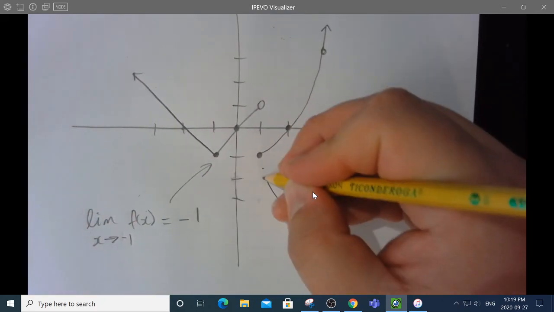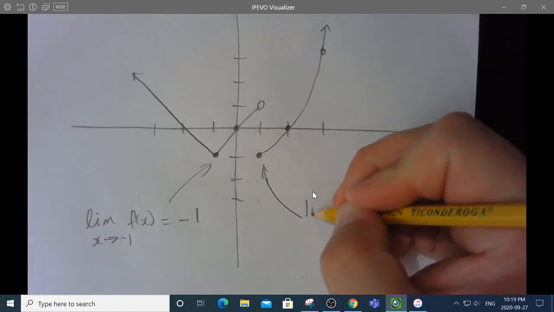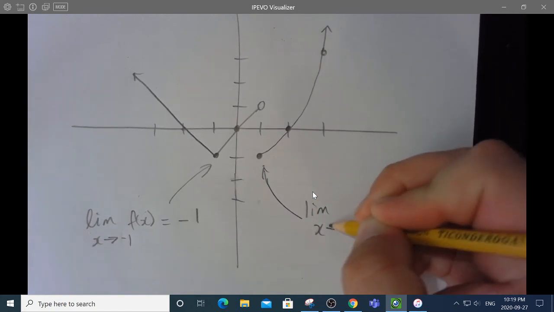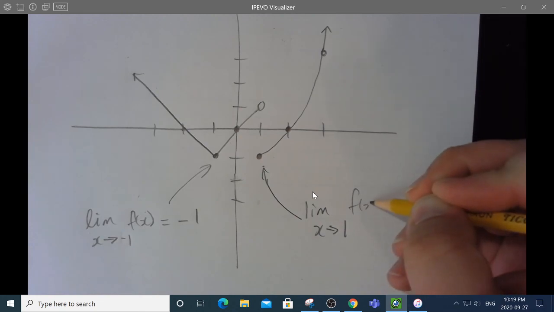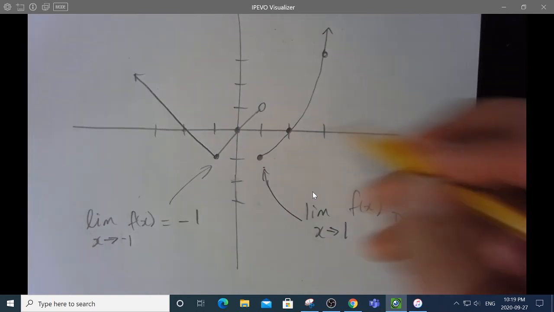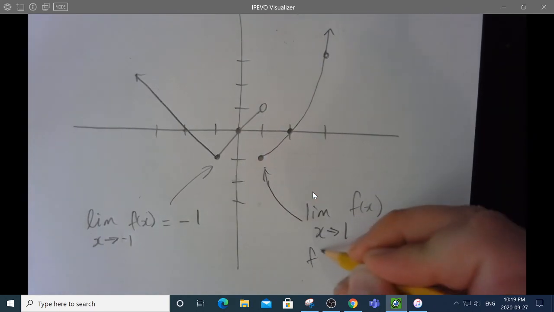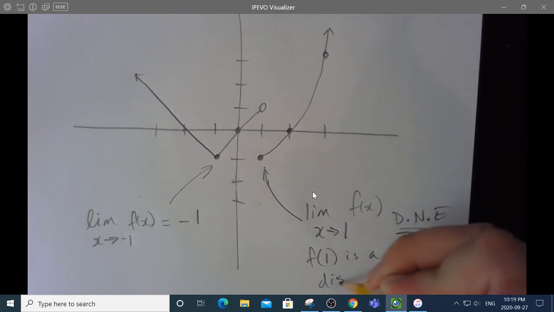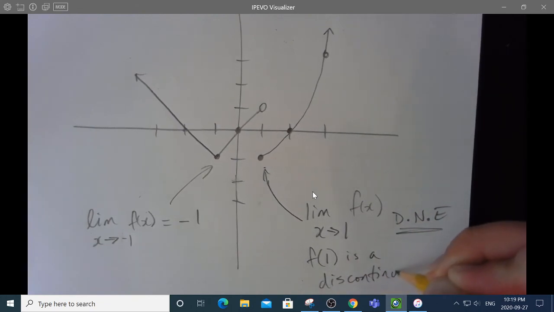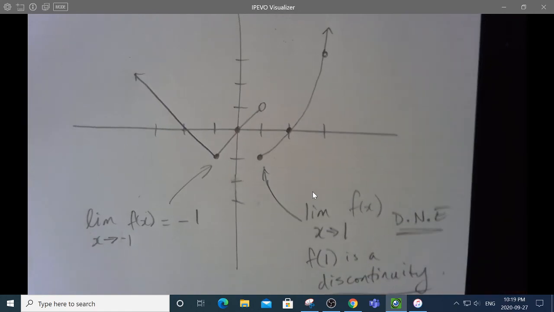But over here, the limit as x approaches 1 of f of x does not exist because it's discontinuous. F of 1 is a discontinuity. I hope I spelled that right.